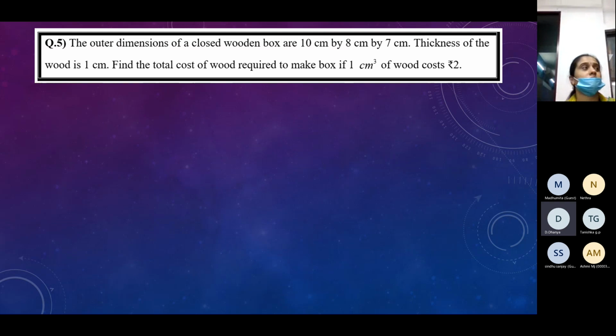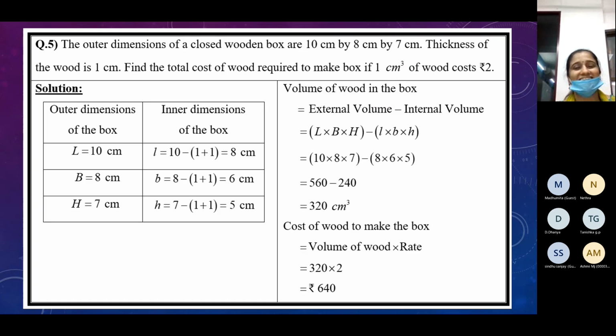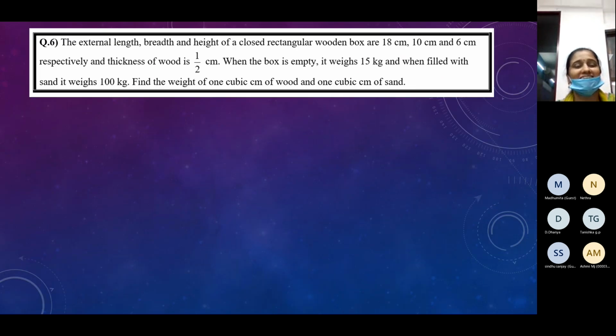Yeah, children. Leave some space to complete the earlier answer and take down this question now.